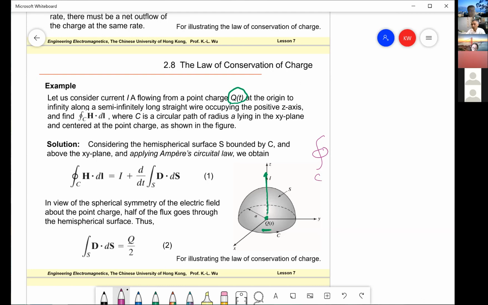Then you have a magnetic field intensity H. We defined H, right? So H is flux density divided by permeability, right? Let's do a line integration.